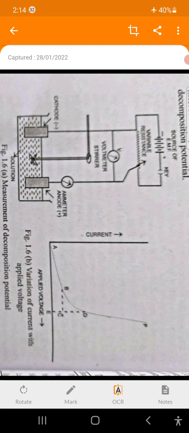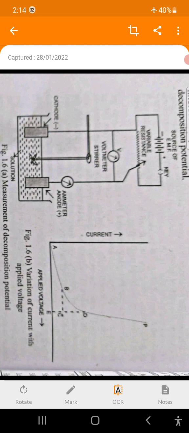The initial voltage is not sufficient to carry out oxidation and reduction reactions at the respective electrodes. Therefore, there is only a small number of positive and negative ions, the rate of oxidation and reduction is very small, giving a small number of generated positive and negative ions up to point C.